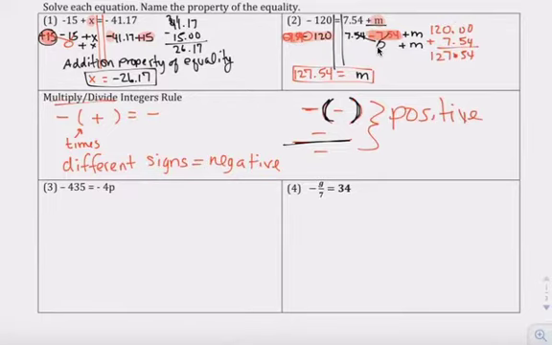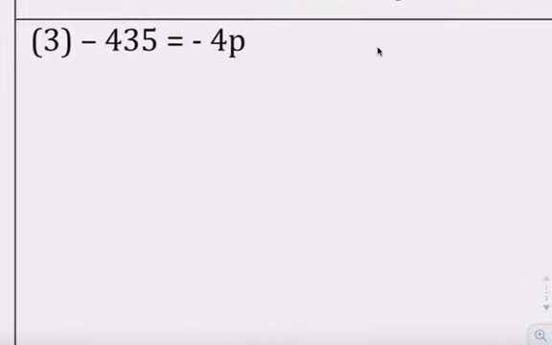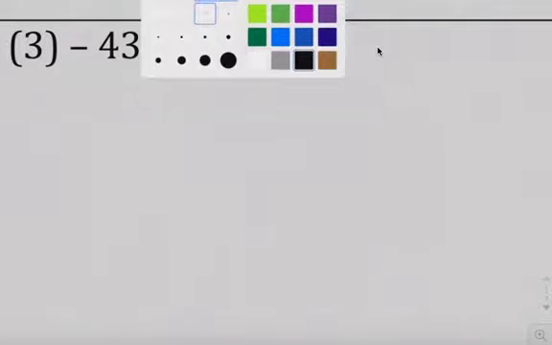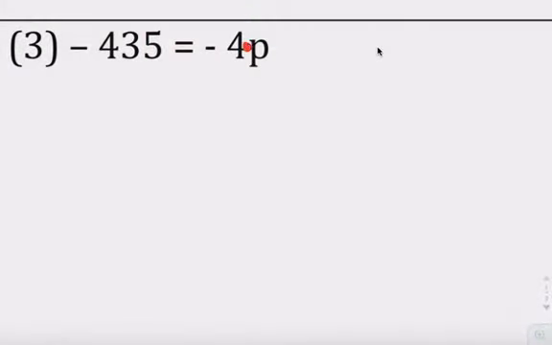Now, this one here is times. The opposite of times is divide. Or you can look at it as negative 4 over 1. How do we make negative 4 over 1 equal to 1?